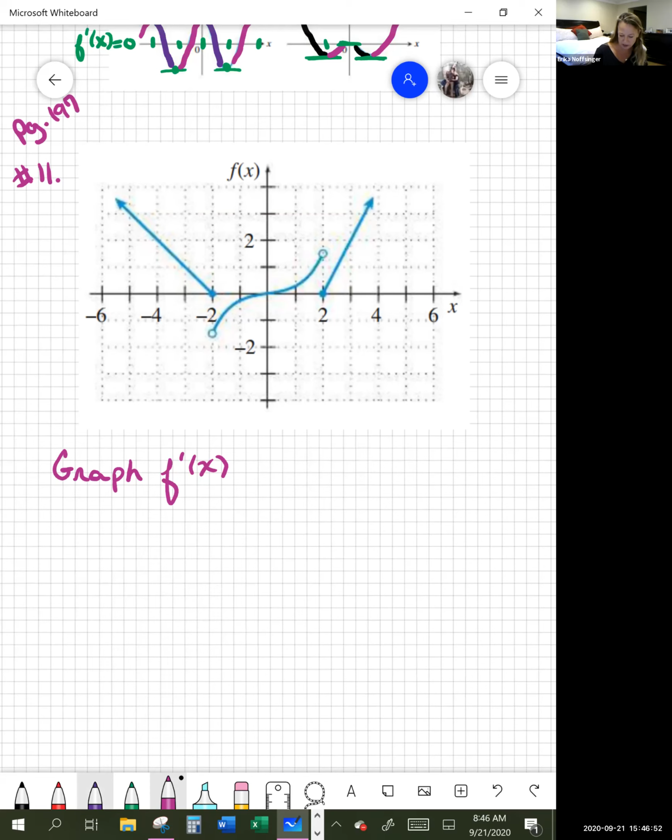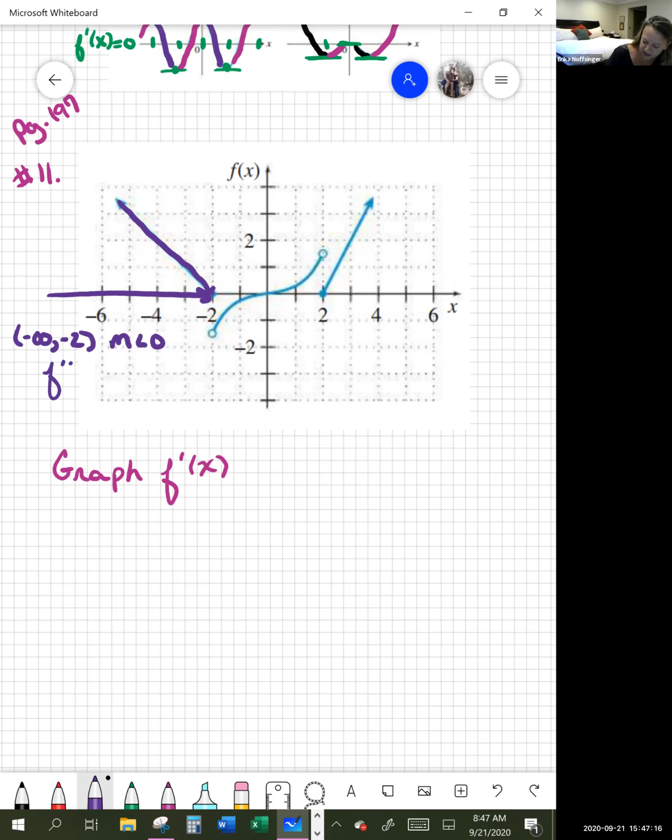Okay, so decreasing, I notice this first piece right here is decreasing until we hit x equals -2. So basically, from -infinity to x equals -2, our graph will be below the x-axis.